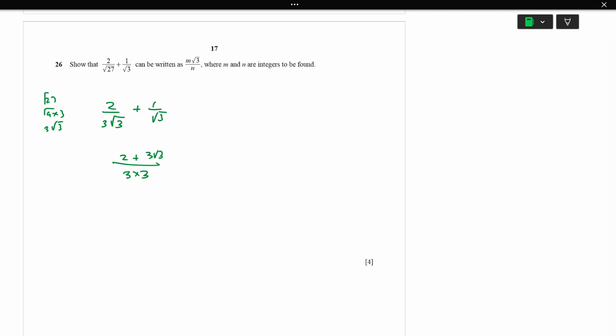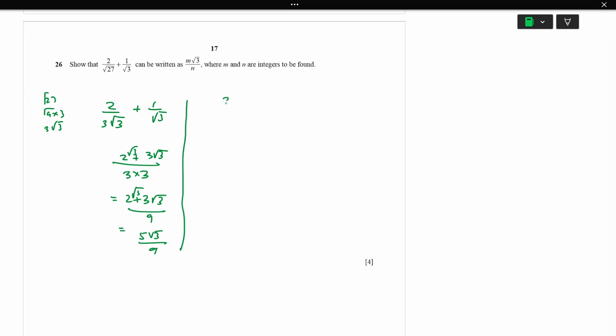So we need to multiply by root 3 here, which is over 9. So 5 root 3 over 9. That's the final answer.